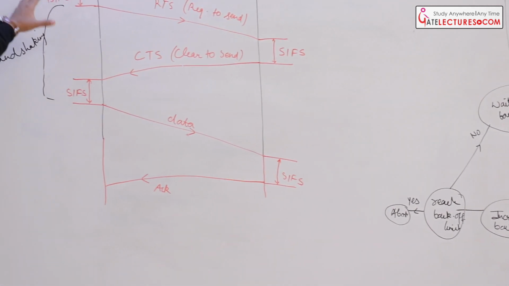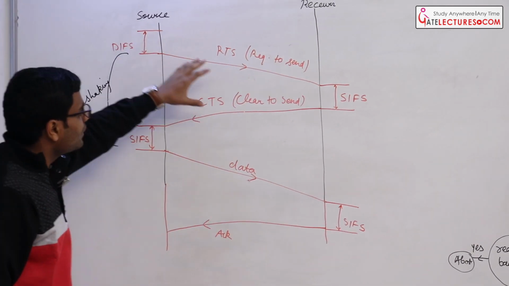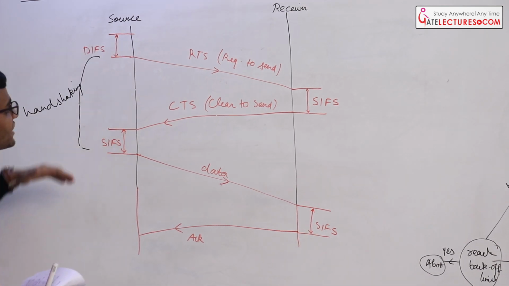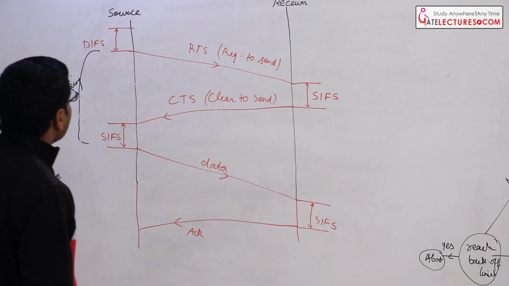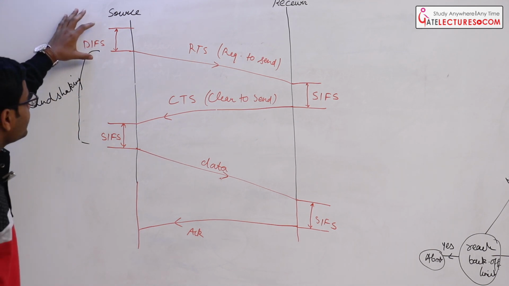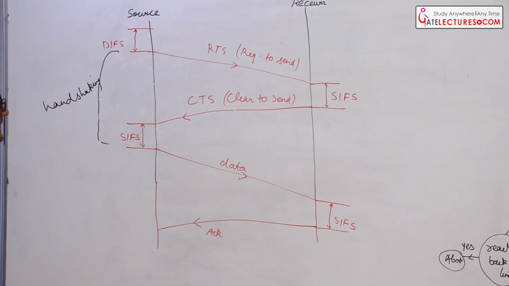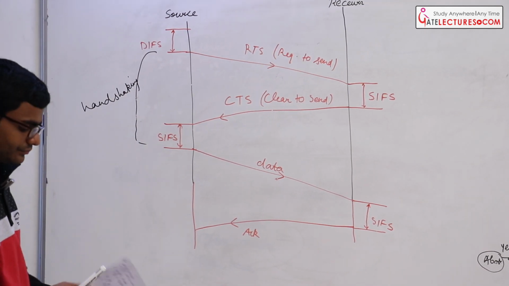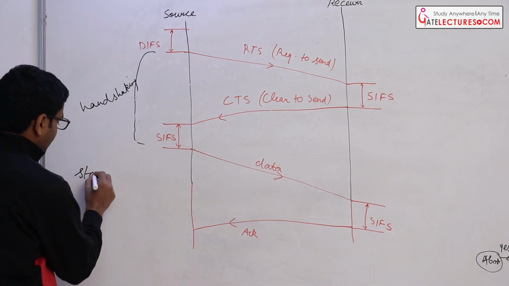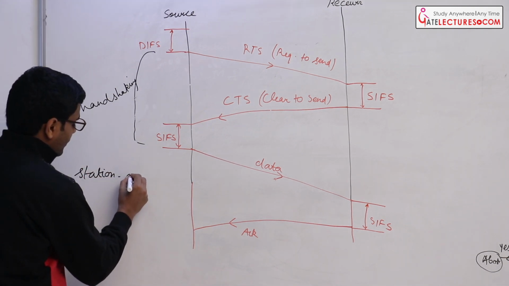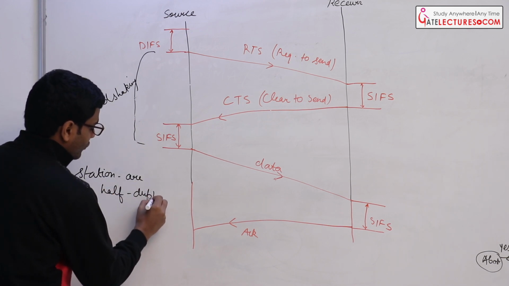Why for collision avoidance are we waiting for a short period of time, and doing a handshaking between the sender and receiver before sending the data packet? Apart from collision avoidance, waiting for this period of time is important because, as I said, in Wi-Fi stations are half duplex.